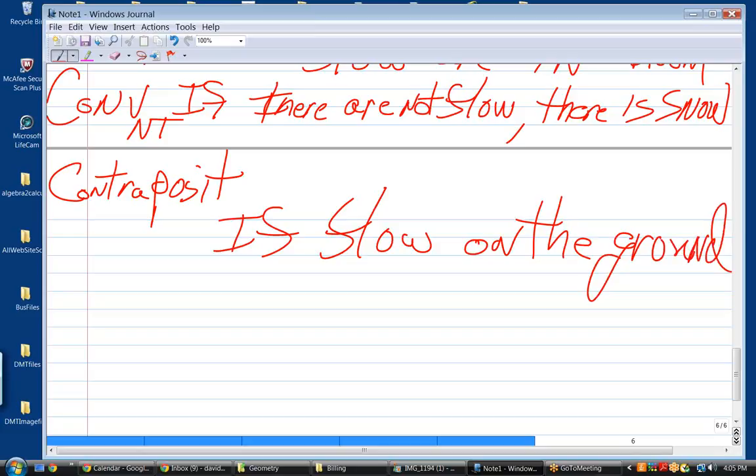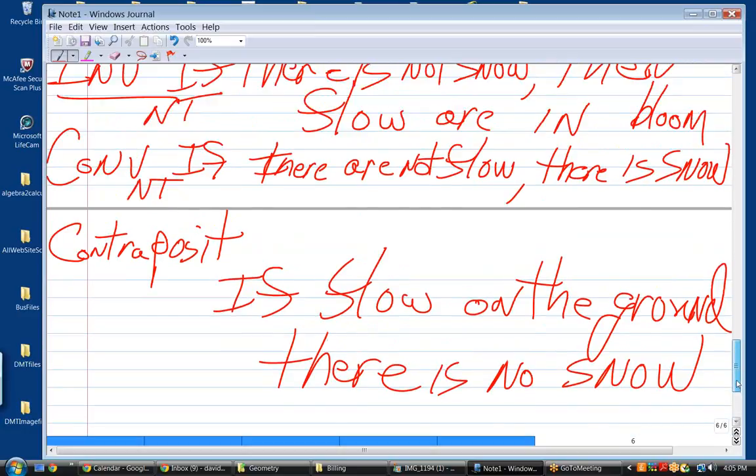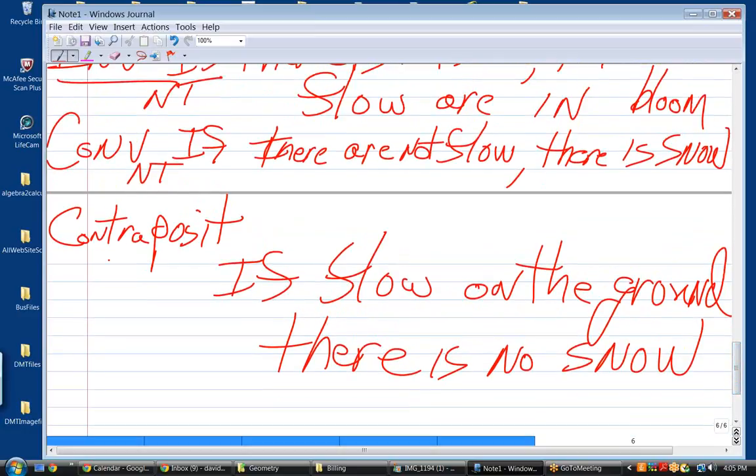And that is true. Assuming, of course. In other words, there certainly are times in real life where you can see flowers and snow on the ground.